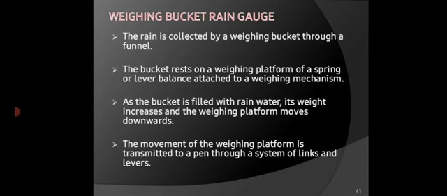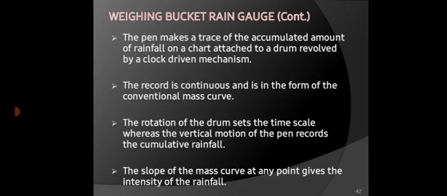As the bucket is filled with rainwater, its weight increases and the weighing platform moves downward. The movement of the weighing platform is transmitted to a pan through a system of links and levers. The pan makes a trace of the accumulated amount of rainfall on a chart attached to a drum.